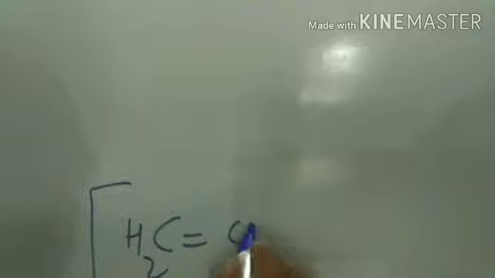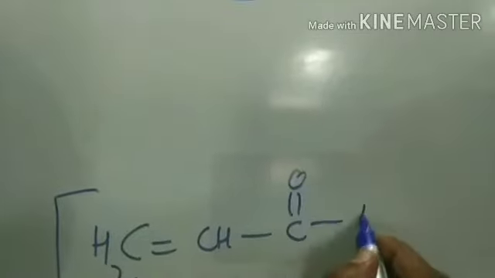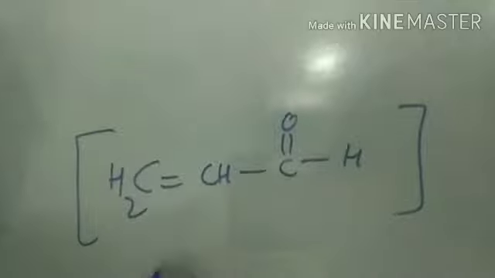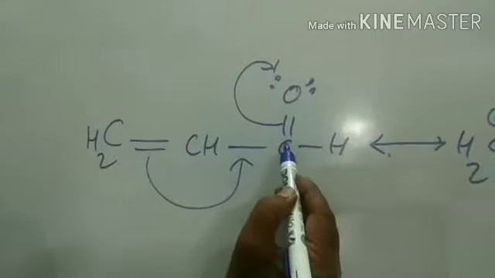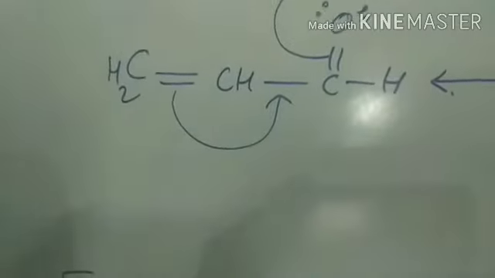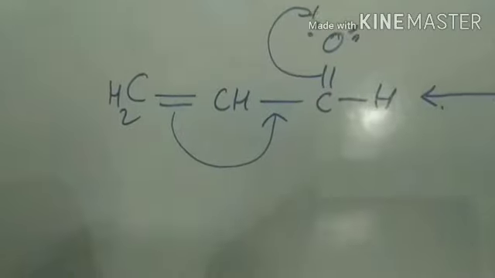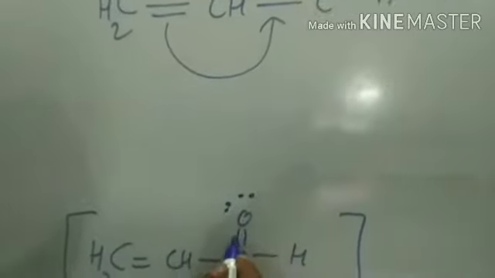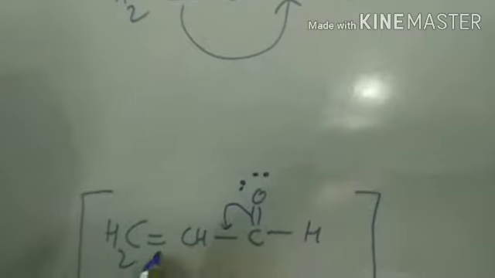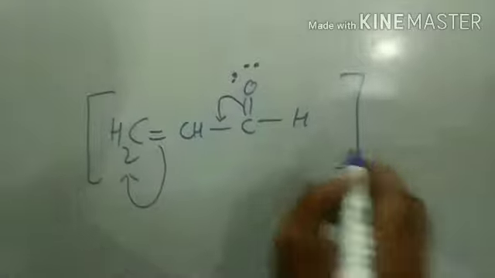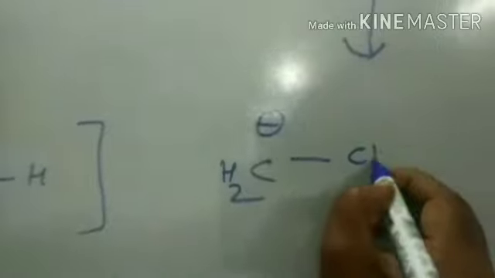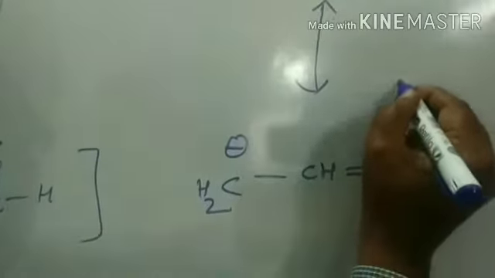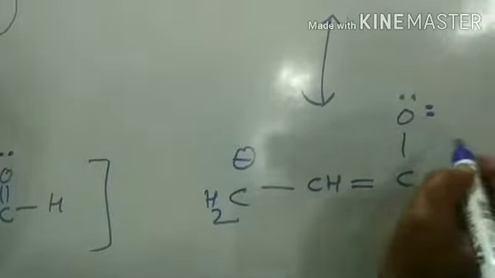Another possibility is, now see, this I am taking as a teaching aid. In the first case, the electron has first transferred from carbon to oxygen. Now I am going to shift in the opposite direction. I allow this to shift over here and this to shift over here. So this will produce the structure like this: negative CH double bond C, oxygen positive charge.